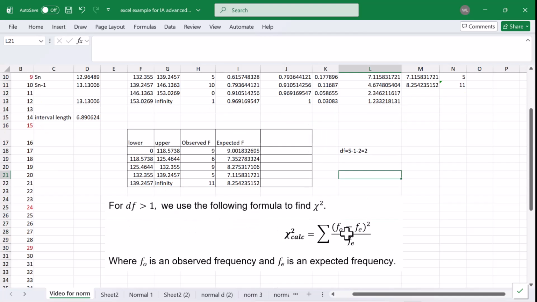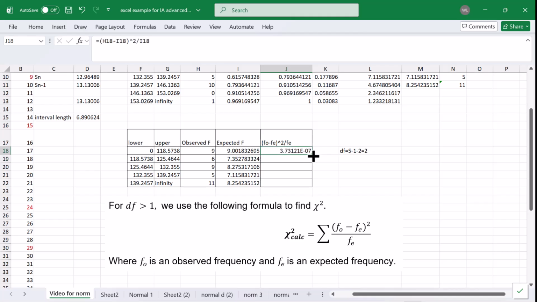So we got to use this formula: FO minus FE squared over FE. So we will put equal sign, parentheses. Observed frequency minus expected frequency squared. Then divided by this expected frequency.